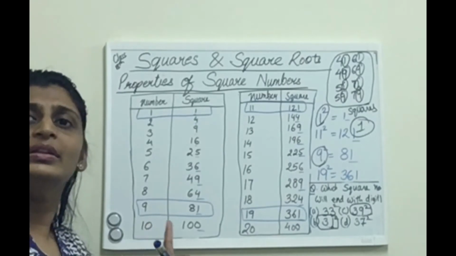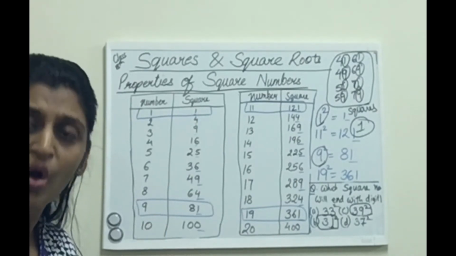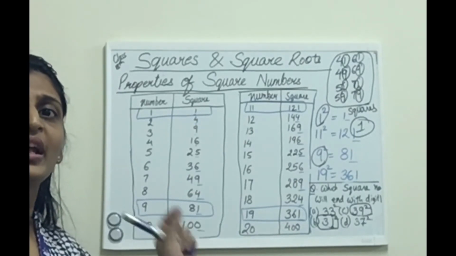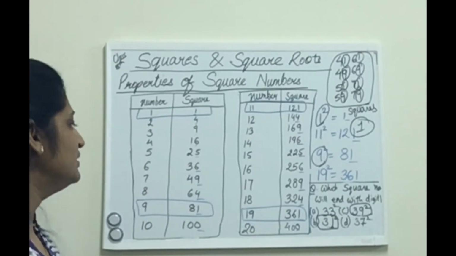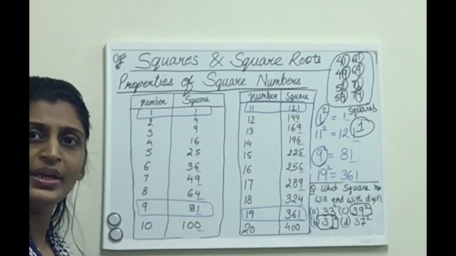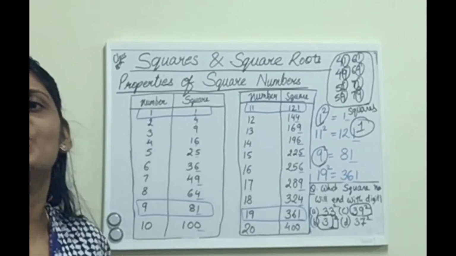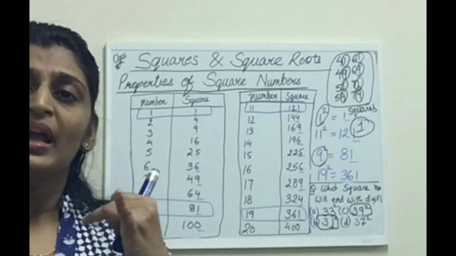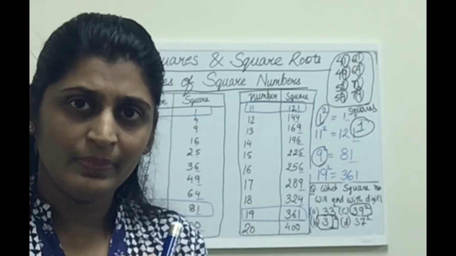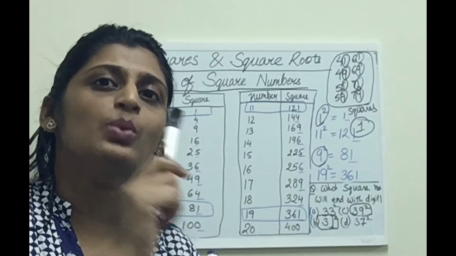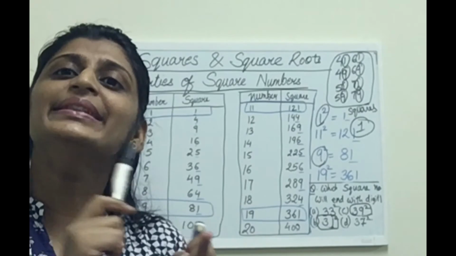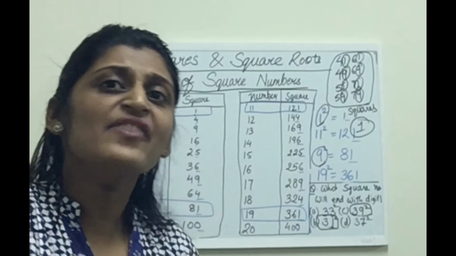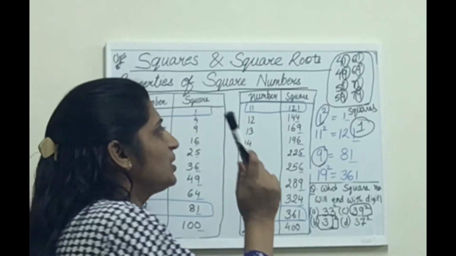If the given number ends with 9, the square of that particular number also ends with 1. I conclude my statement again: a number which ends with 1 or which ends with 9 has its square ending with 1.